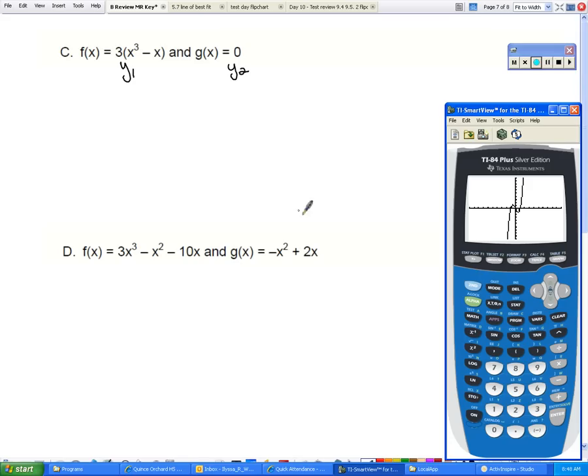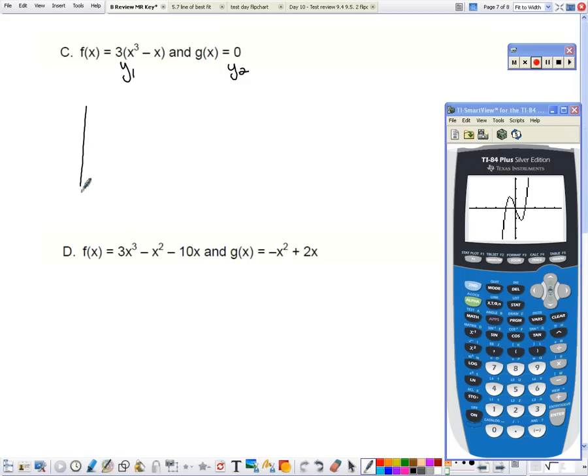Now that window, because I know my second graph is at 0, I'm actually going to do zoom decimal. It's a nice zoomed in window. Okay, there's my sketch, and then 0 is just the x-axis, so we want this portion and this portion.